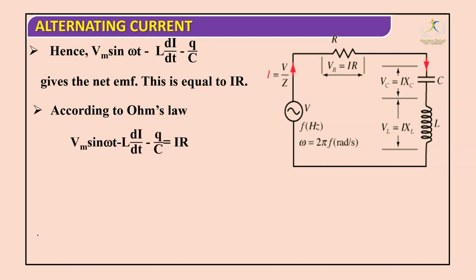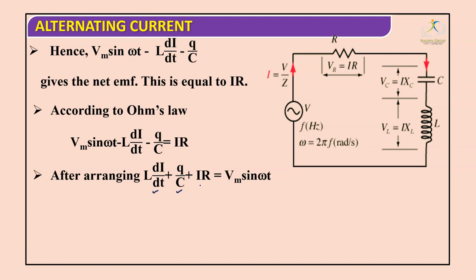So V sin omega t minus L di by dt minus Q by C equals IR. After arranging all these terms, we can say that all three, L, C and R, give the complete main source potential. That means L di by dt plus Q by C plus IR is nothing but the total voltage applied as the source voltage.